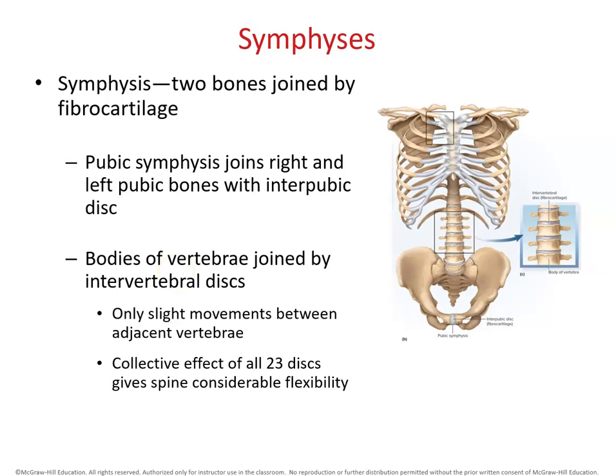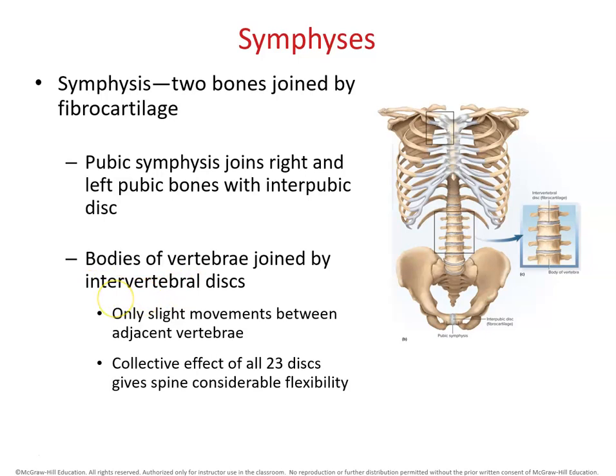Symphysis is when two bones are linked together by fibrocartilage. Two good examples of this: the pubic symphysis at the front of the pelvic bones, where the left and the right join together, we have something called the interpubic disc. And another good example of this is the vertebrae being linked by the intervertebral discs.